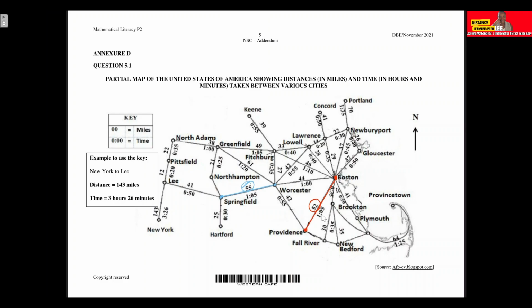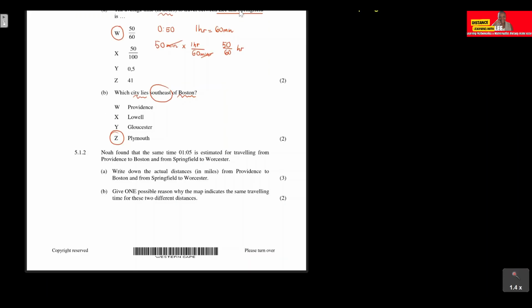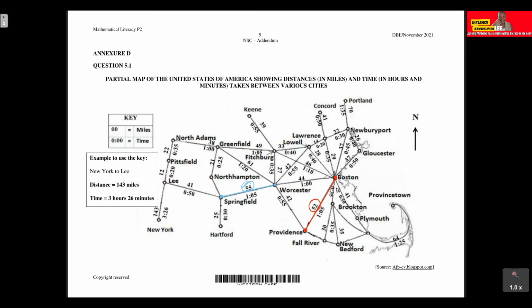So why would these two places have the same traveling time, even though we've got different distances? Something that could affect the traveling time is that this one is actually a longer distance compared to that one.